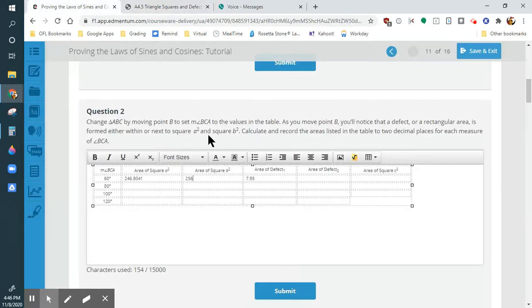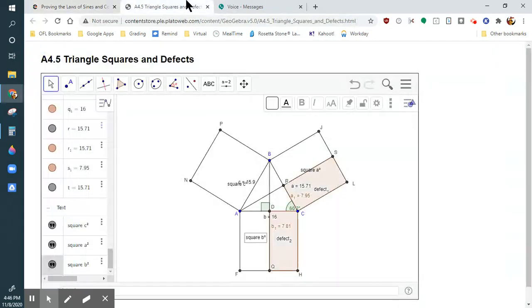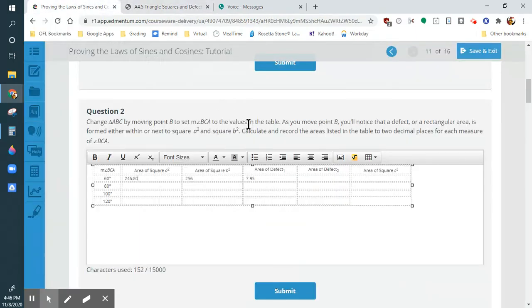Okay, so to calculate a squared, that requires listing two decimal place values. That's this. Area defect. I'm just assuming I'm plugging in the area defect because it doesn't tell me otherwise. 7.81. I'm hoping this is it because it is very weird.